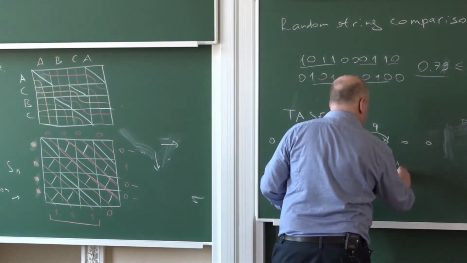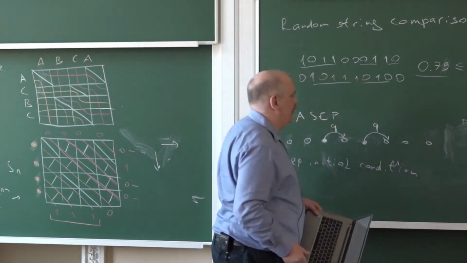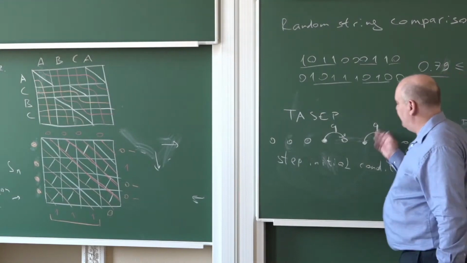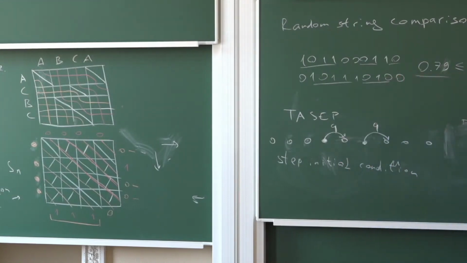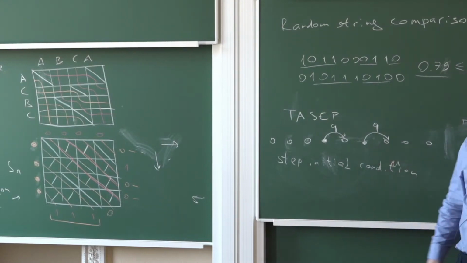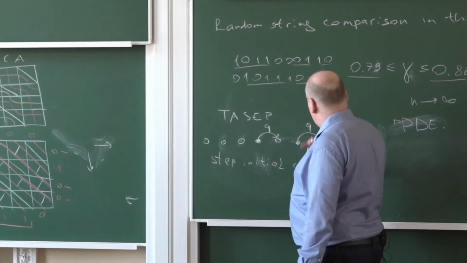The step initial condition for a TASEP is precisely what you have in a traffic jam. You have drivers who drive very carelessly, and if a driver sees an empty space in front of him, he just goes at a steady rate.